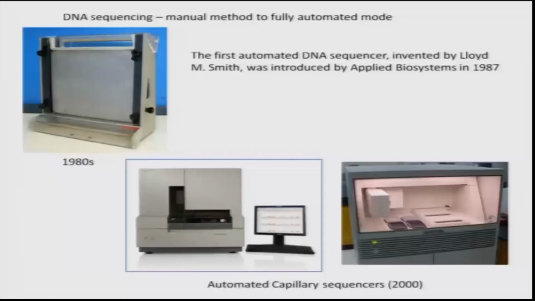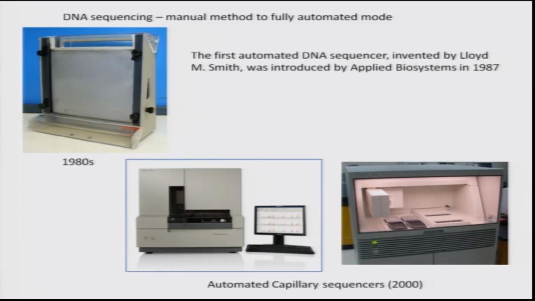So likewise, when you talk about sequencing, which is one of the major contributions in the genomic field, the sequence of the DNA or RNA being generated. The one shown on the left top is an electrophoretic setup that was developed, that's how some of us did DNA sequencing in 1980.